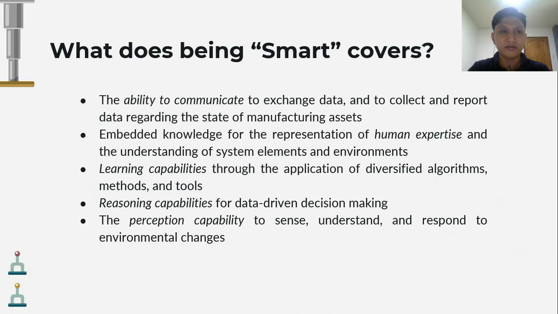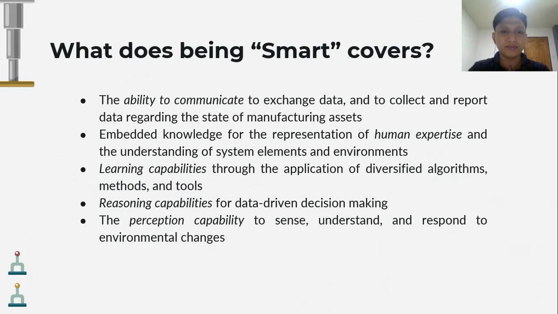Also, being smart contains the embedded knowledge for the representation of human expertise and the understanding of system elements and environments. Learning capabilities through the application of diversified algorithms, methods, and tools. Fourth is the reasoning capabilities for data-driven decision making.